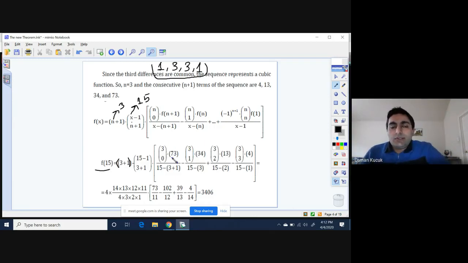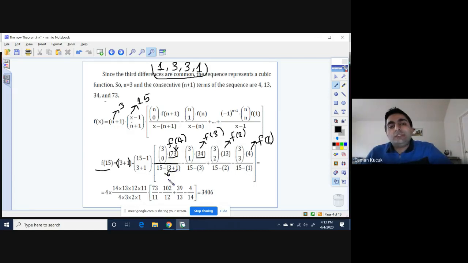Multiply 3 combinations of 0 by f of 4, which is 73. And multiply 3 combinations of 1 by 34, that is f of 3. 13 is f of 2, and 4 is f of 1. Then divide the first fraction by 15 minus 3 plus 1. Why 3? Because the sequence is cubic.